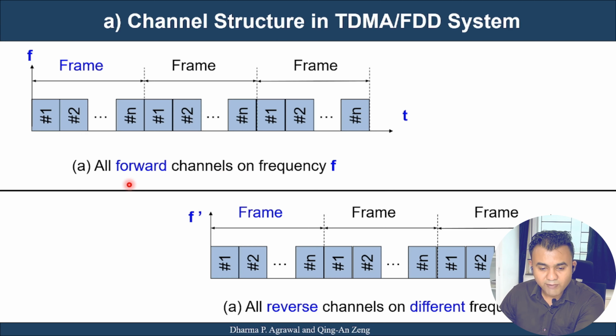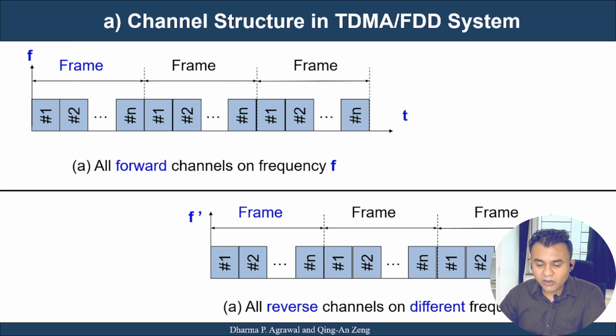In the first figure, you can see all forward channels are using a frequency F, and for that particular channel, all stations are time slotted, so they can talk in those time slots only.